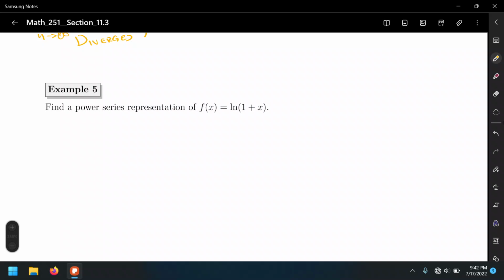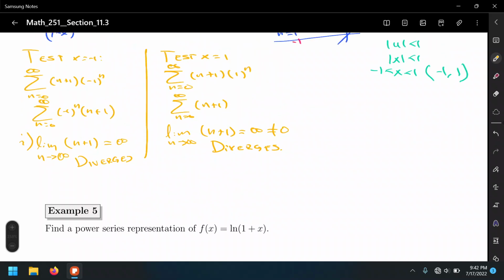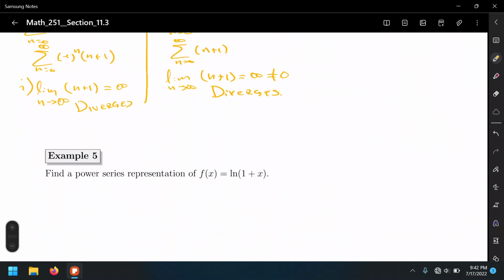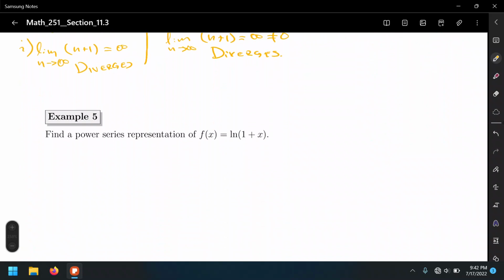Notice we took the derivative of that function to obtain the derivative of the function that relates to the geometric series 1 over 1 minus x. So can you think of maybe another operation? What operation gives us ln of 1 plus x?